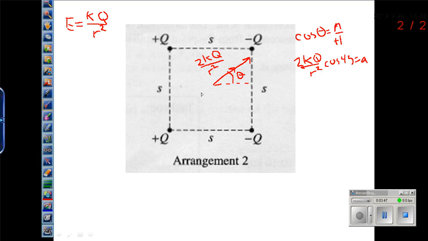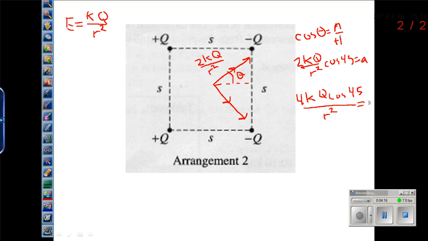Now this is only the contribution in the rightwards pointing direction from these two vectors. You got to remember that we also have 2 more on the bottom. So we're actually going to double our answer right up here and call that 4kq cosine 45 divided by r squared.